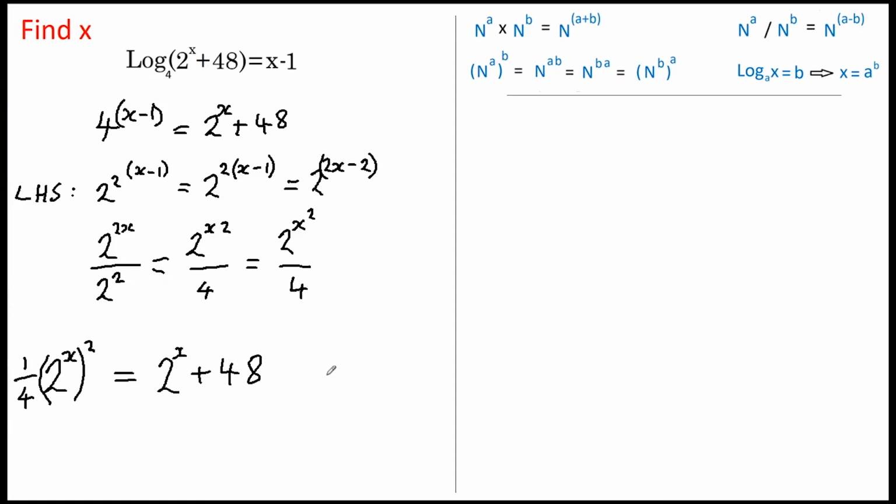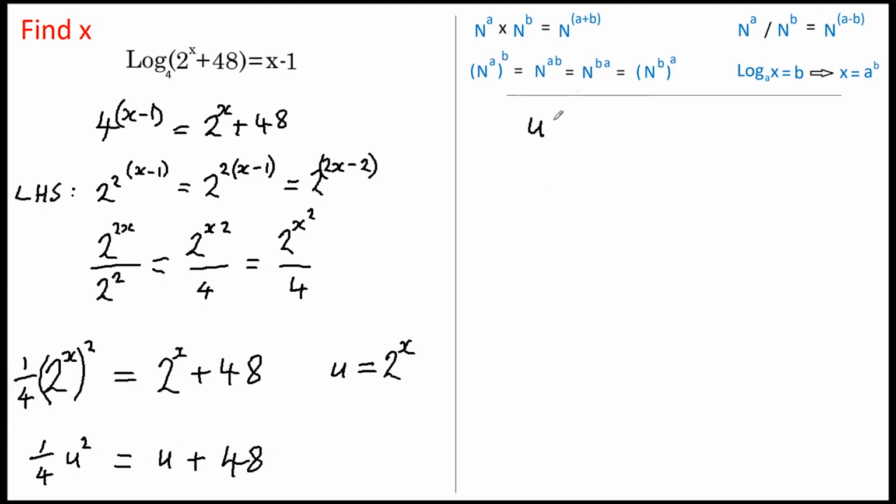Just to make the workings easier going forward, I'm going to say let u equal 2 to the power of x. So we can now rewrite this as 1/4 of u squared equals u plus 48.